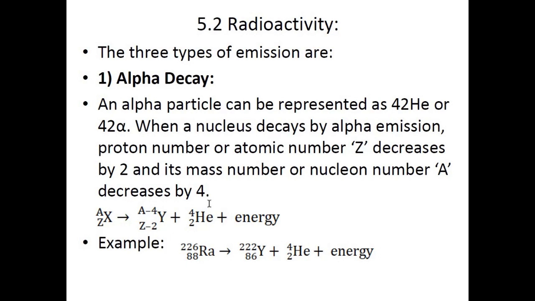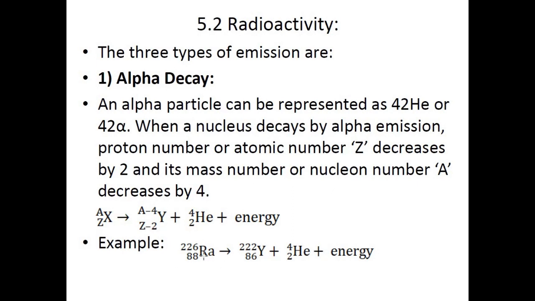When a nucleus decays by alpha emission, the proton number or atomic number Z decreases by 2 and its mass number decreases by 4. If you had an element named X and it had a mass number A and a proton number or atomic number Z, and you have to find its daughter nuclei, then you will simply minus 4 from the mass number and 2 from the atomic number, and you will know what daughter nuclei you are having, and along with that you are going to have some energy as well as a helium nuclei or alpha particle.